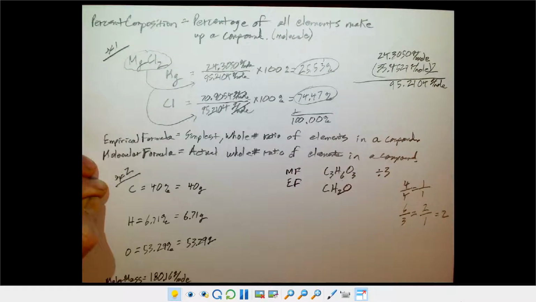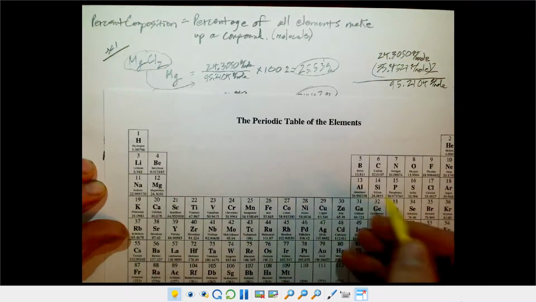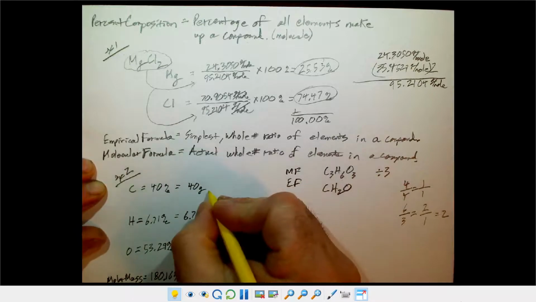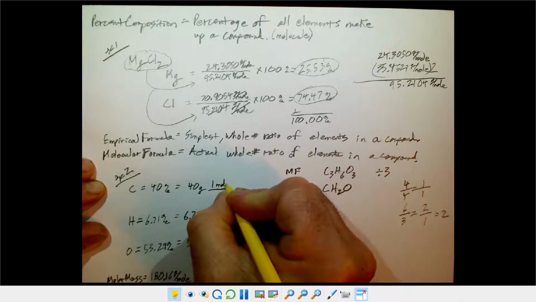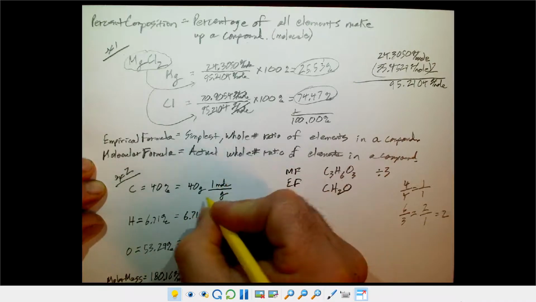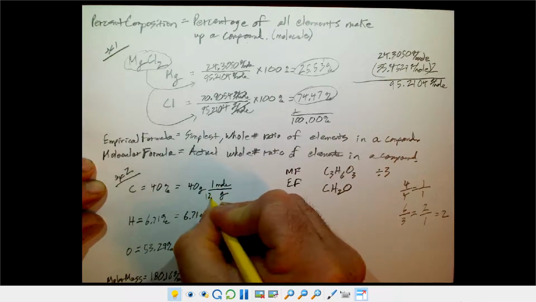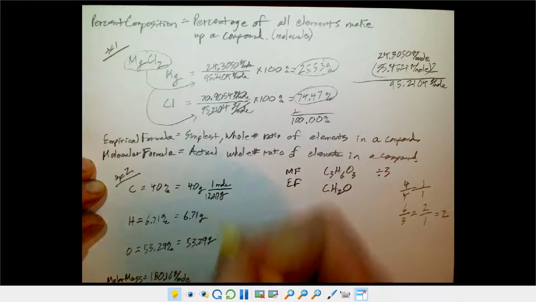And what we're going to do is look up the molar mass for these elements. We take a look on the periodic table for the molar mass for carbon. Carbon is 12.0107. So we're going to multiply that by the molar mass, which is 1 mole over 12.0107 grams.